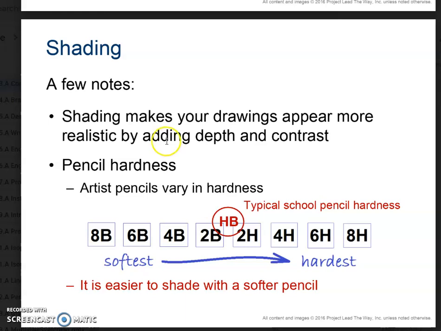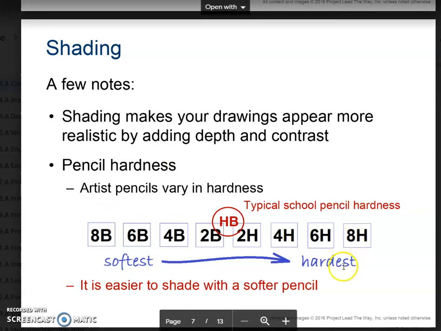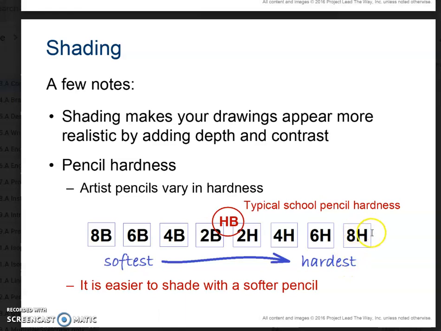We can use our regular number 2 pencils. You'll see that's in the middle of the hardness range of pencils. If you had artist or drafter pencils, you could get them that were very soft, which would put very dark lines on the paper, very dark shading, or very hard, which would help you produce very light lines.